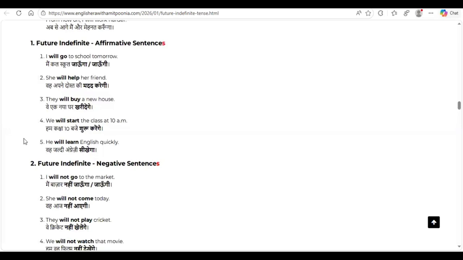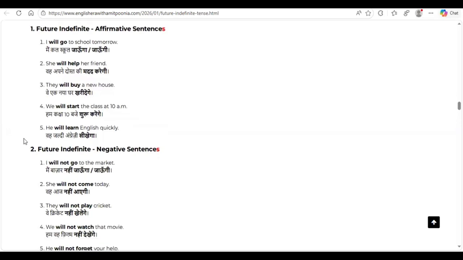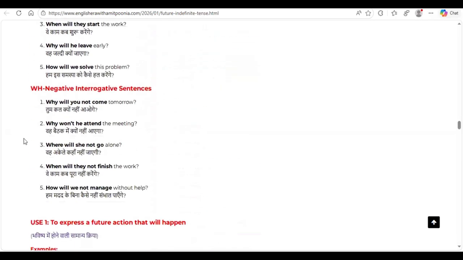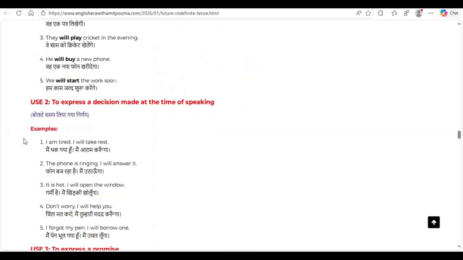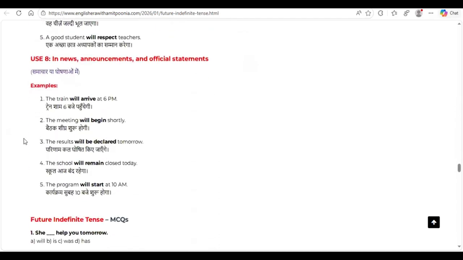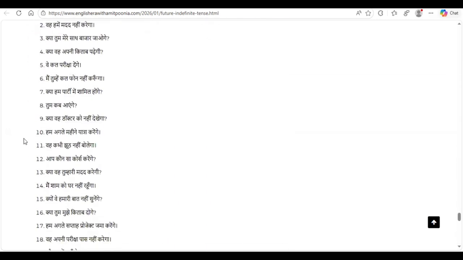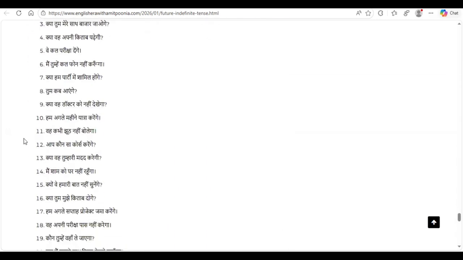Here are more examples of future indefinite tense. You can go through them, and in the last I have given you some MCQs and then translation exercises with an answer key. So please make your sentences by yourself. Thank you.